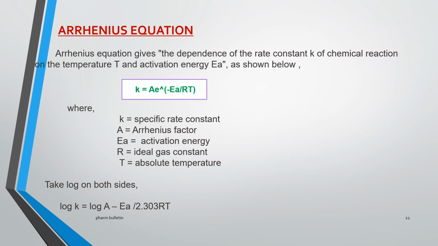When we take the log on both sides, we get log K is equal to log A minus EA by 2.303 RT.